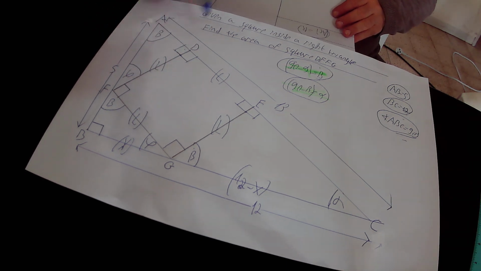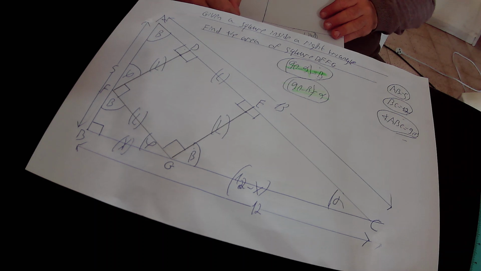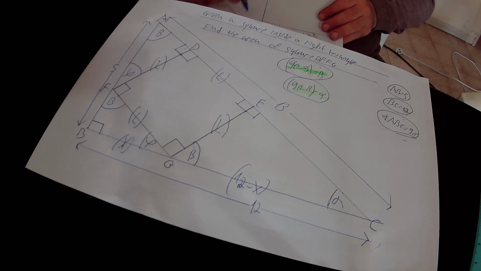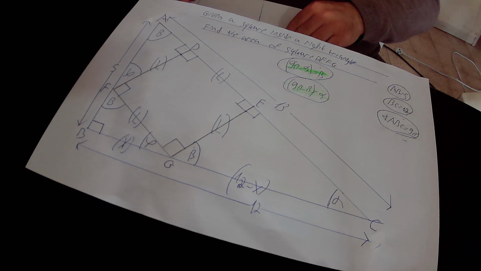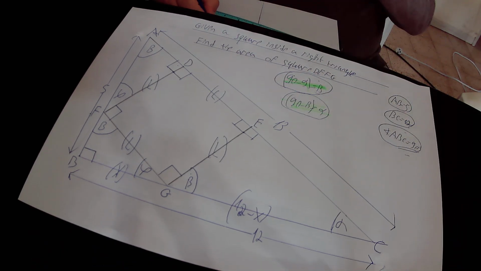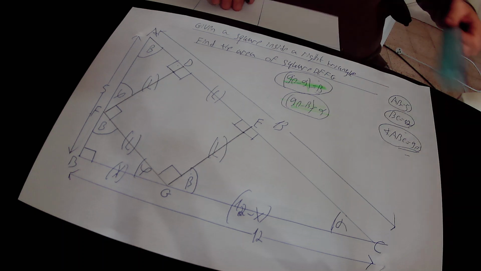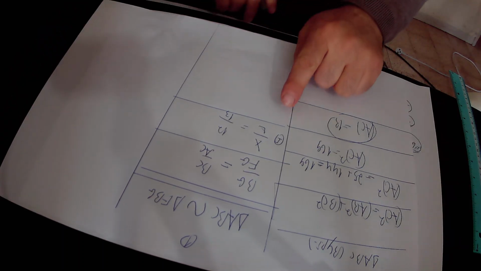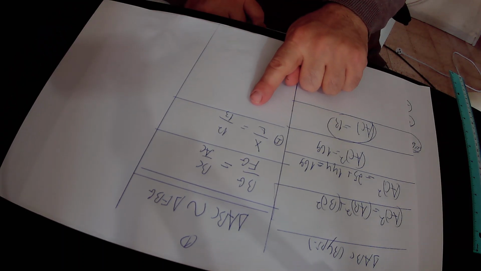BG is x over FG. FG is L, and it is equal to BC, that is 12, over AC, that is 13. In conclusion, according to equation 1, x over L equals 12 over 13.